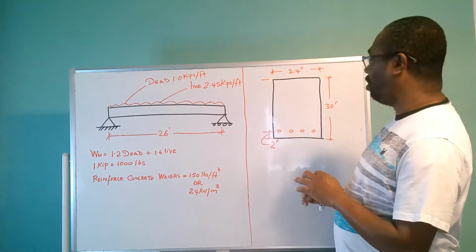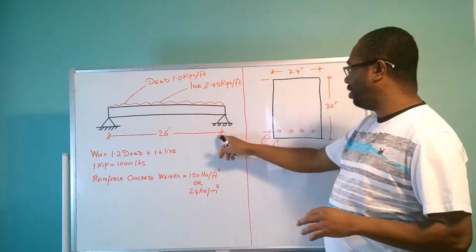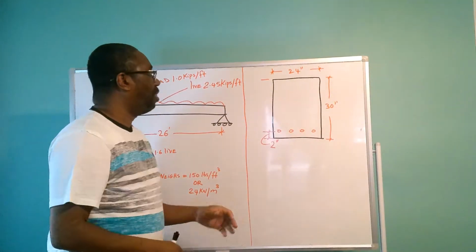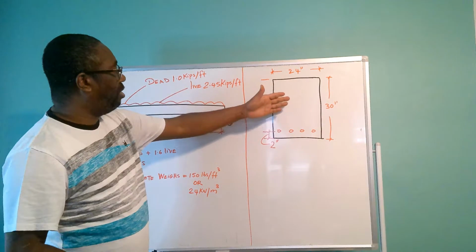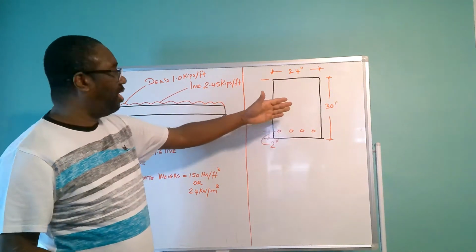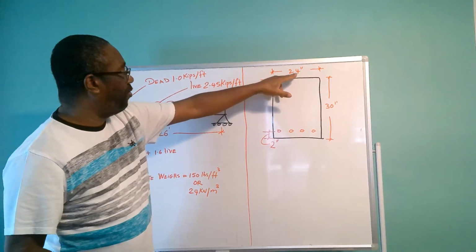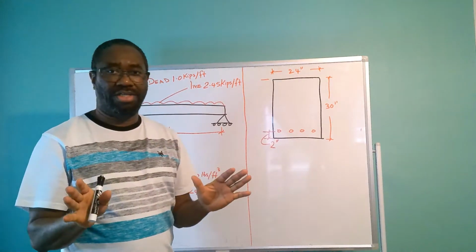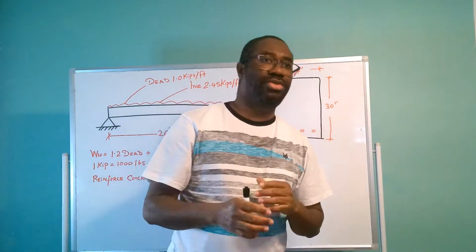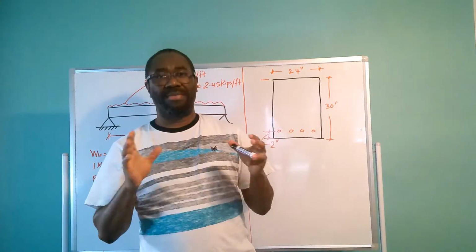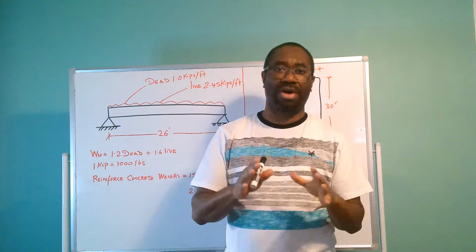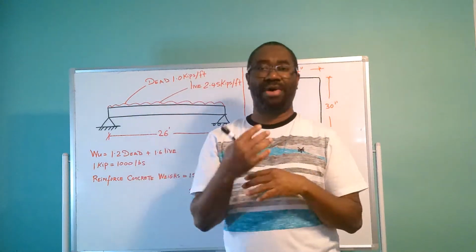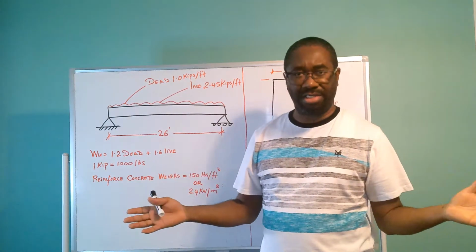The beam also spans 26 feet, and to the right on my board here is the beam's cross section. So this beam has a width of 24 inches and a depth of 30 inches. There are also several parameters that I must bring to your attention in order for you to follow me doing this calculation.